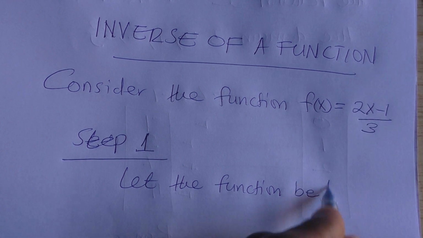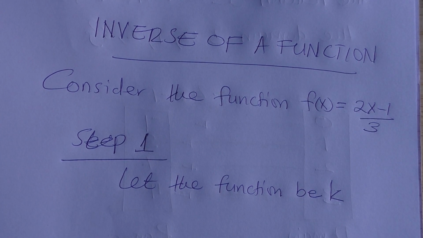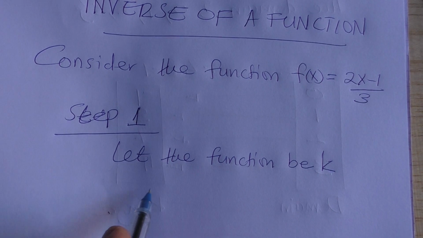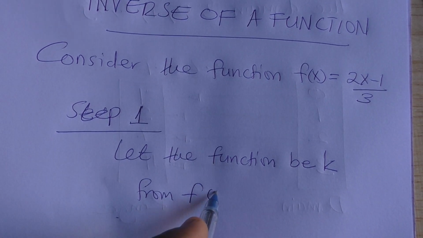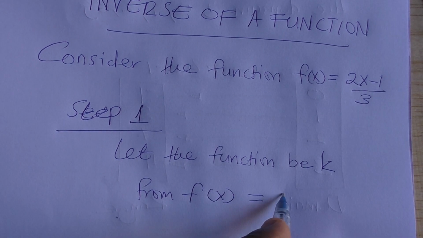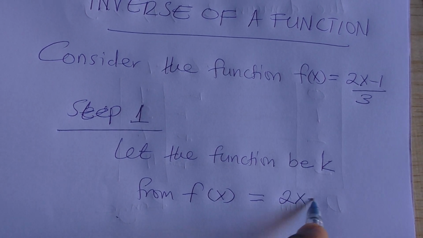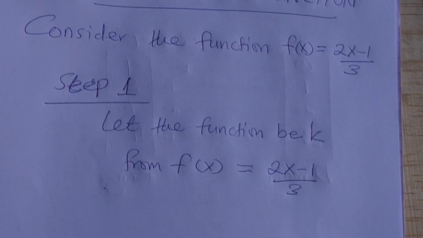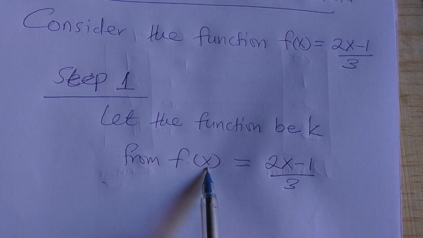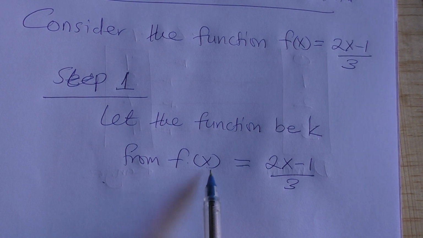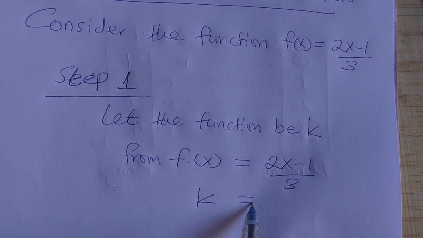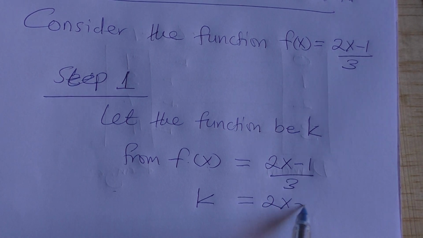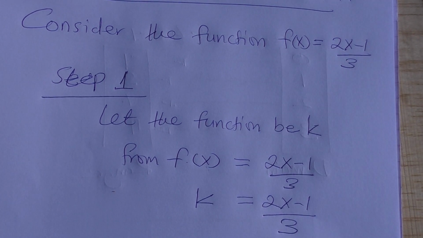I'll say let it be k, so that from f of x equaling to 2x minus 1 over 3, instead of writing f of x, this is my function of x, I'll substitute it with k. So I'll say k equals to 2x minus 1 over 3.